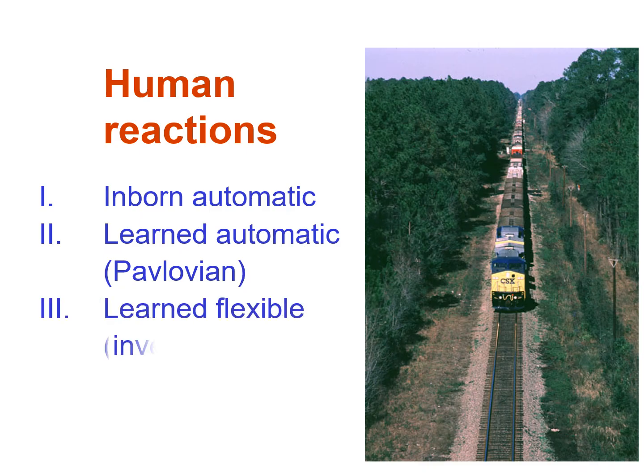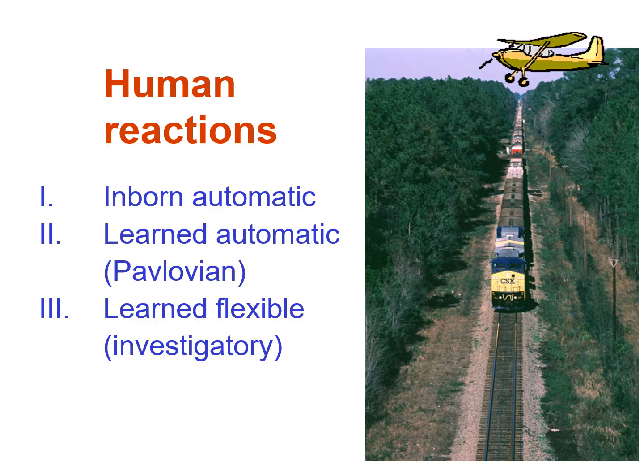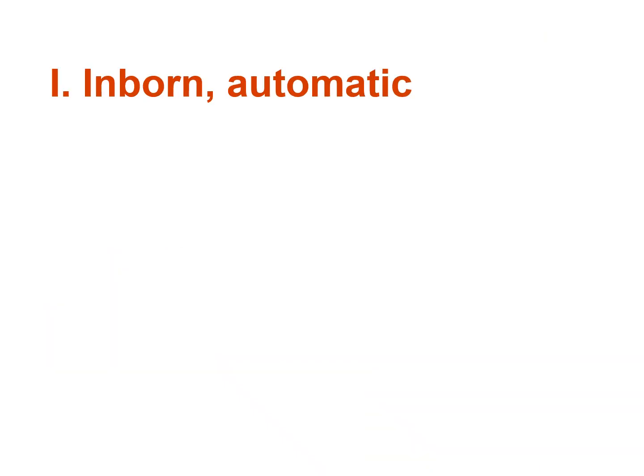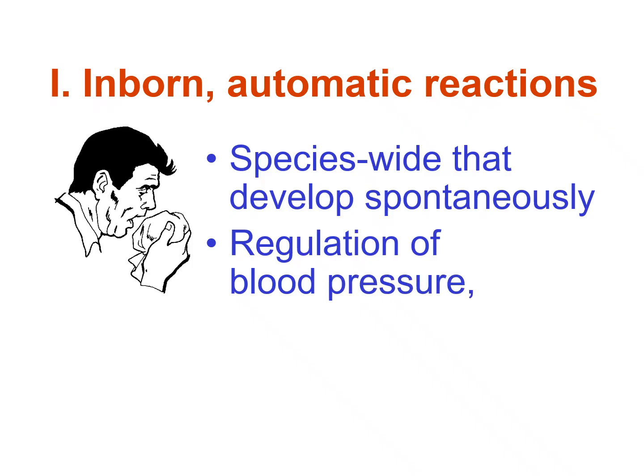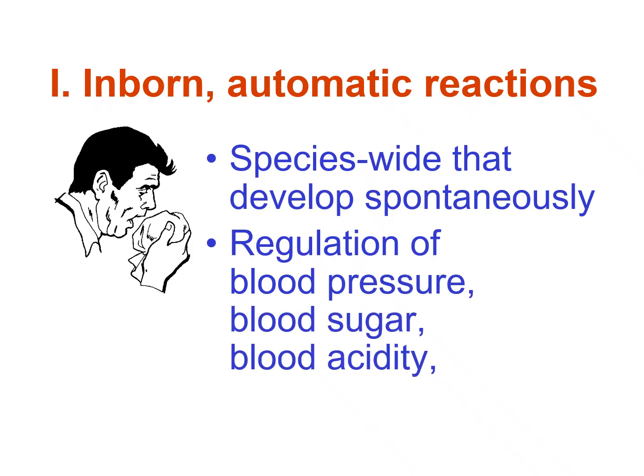Using these two criteria, we can label our reactions as inborn automatic, learned automatic, or learned and flexible. Flexible implies the responses can vary based on the context of a stimulus. Inborn automatic reactions develop spontaneously and so are universal throughout a species.